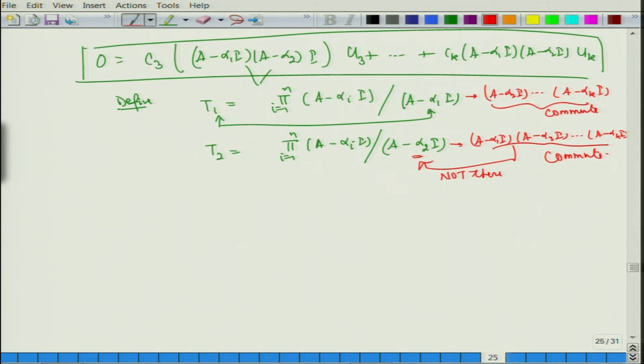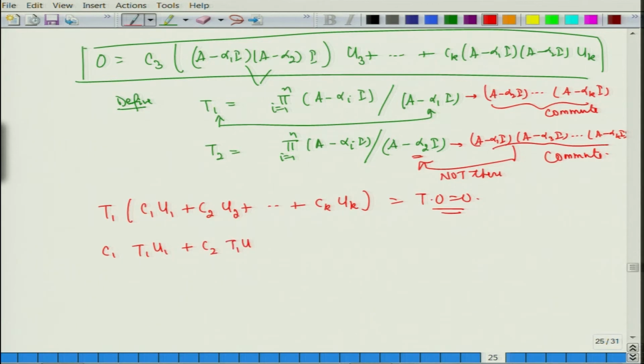So, if I multiply T1 to C1 U1 plus C2 U2 plus Ck UK, this was T times 0, which is 0. So, what I am doing here is looking at C1 times T1 U1 plus C2 times T1 U2 plus Ck times T1 UK is 0.